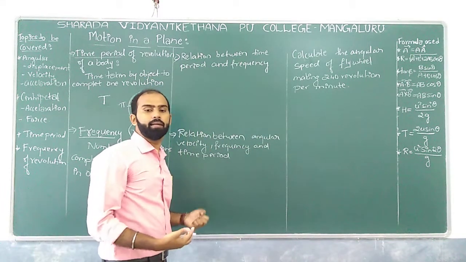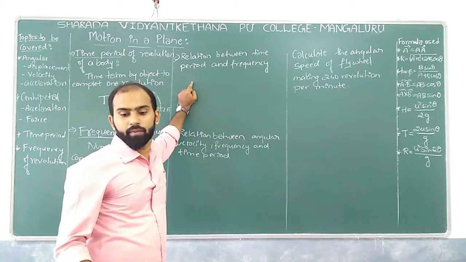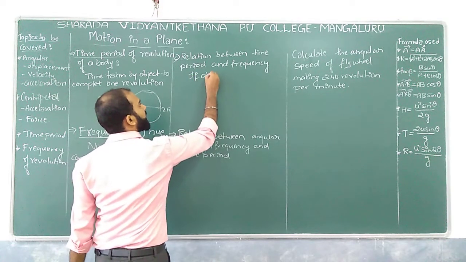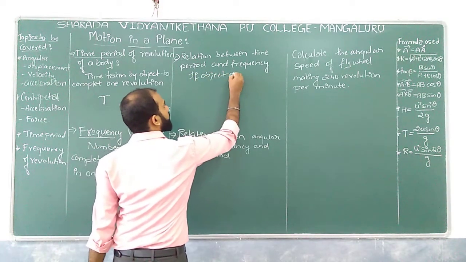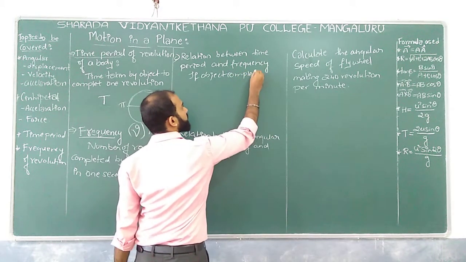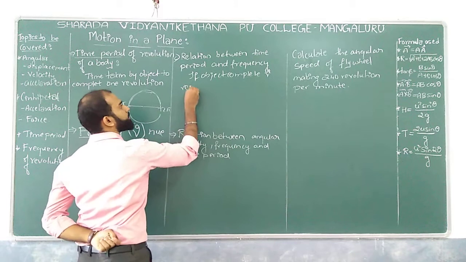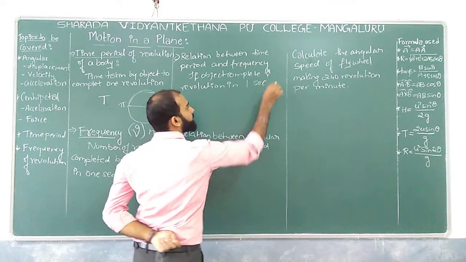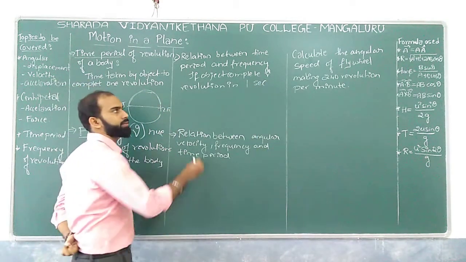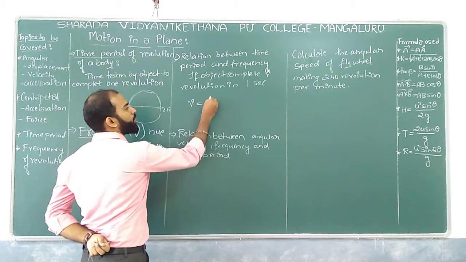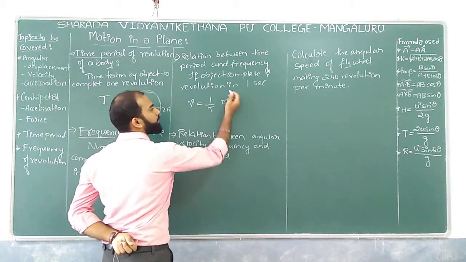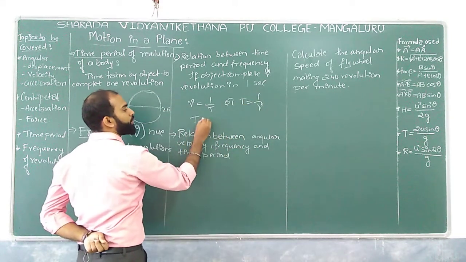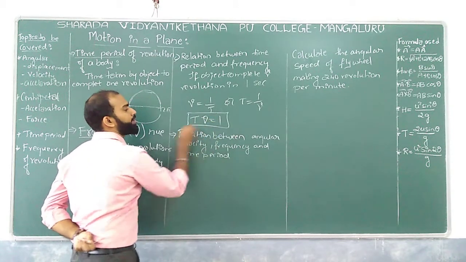If the object completes one revolution, or n revolutions, in 1 second, then we can have the relation nu equal to 1 by T, or T equal to 1 by nu, which is T into nu equal to 1. So this is a basic relation.